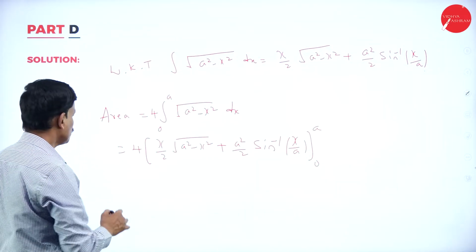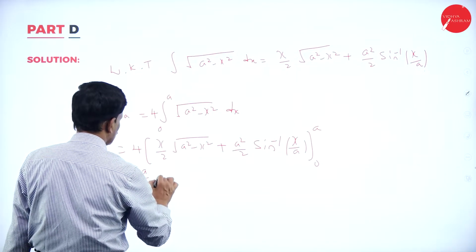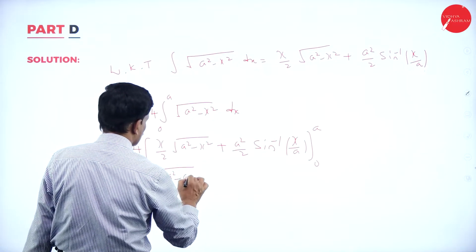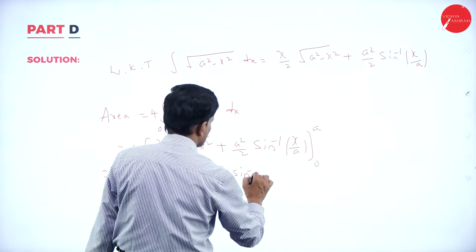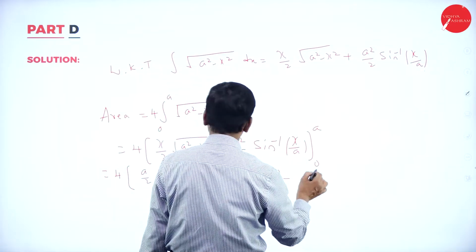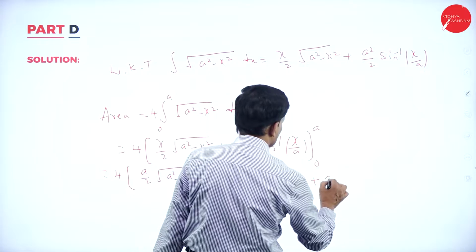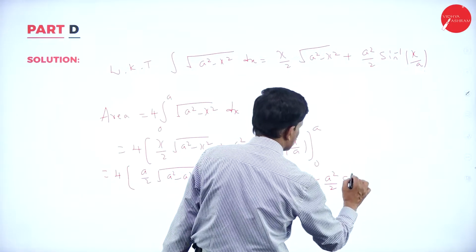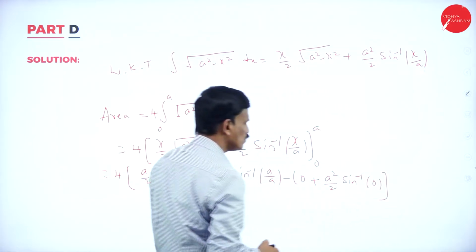Just apply the upper limit. This is 4 into a by 2 into root of a square minus a square plus a square by 2 into sine inverse of a by a, minus the lower limit: 0 into x is 0, plus a square by 2 into sine inverse of 0 by a, which is 0. Now simplify this.